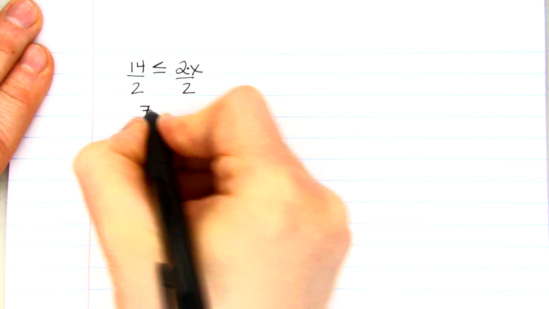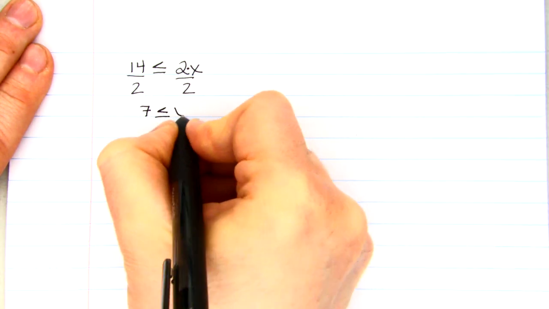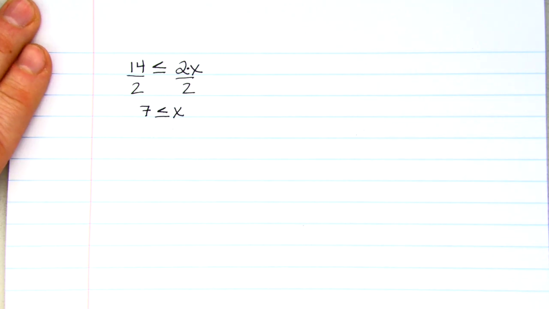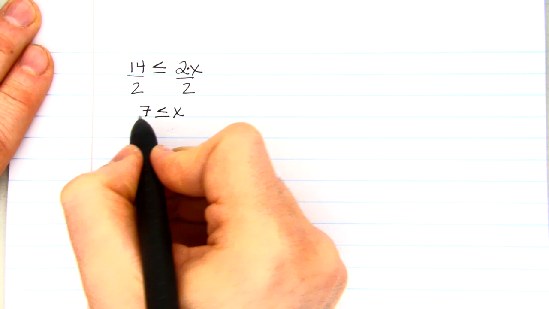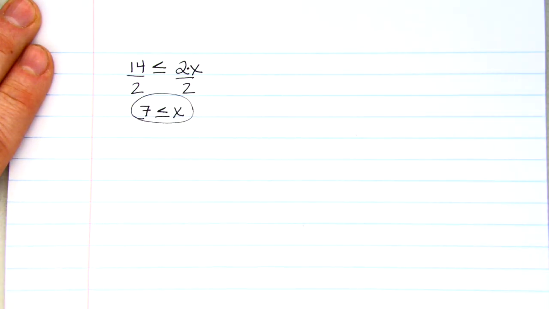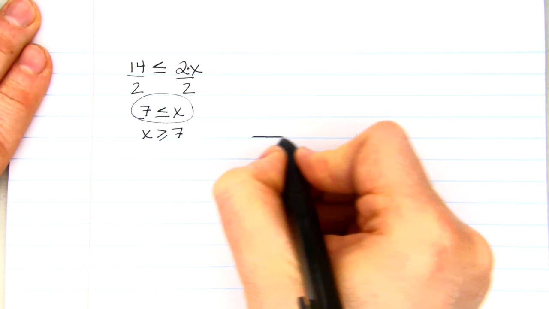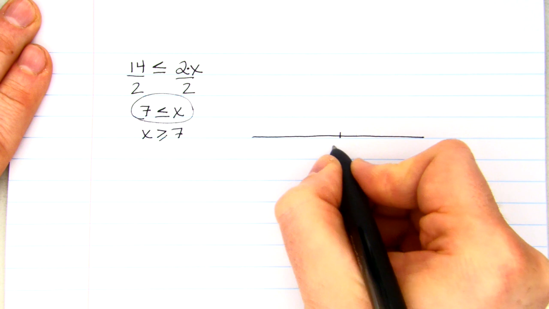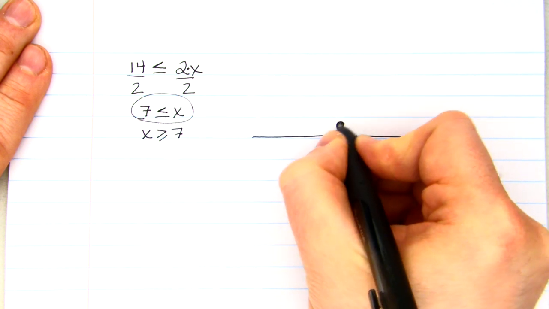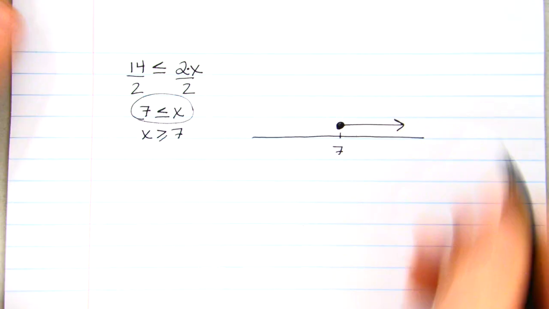That's going to give me 7 is less than or equal to x. Remember, though, we always want that x to come first. So now I'm going to flip everything around, including the symbol, to make the x come first. I'm going to get x is greater than or equal to 7. That means closed dot at 7, point that way.